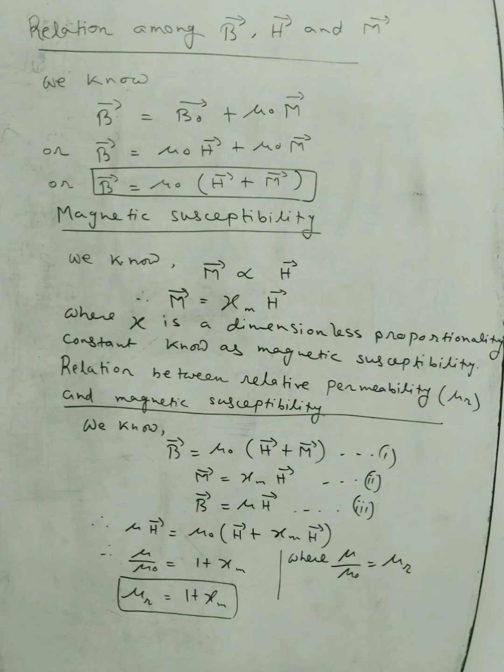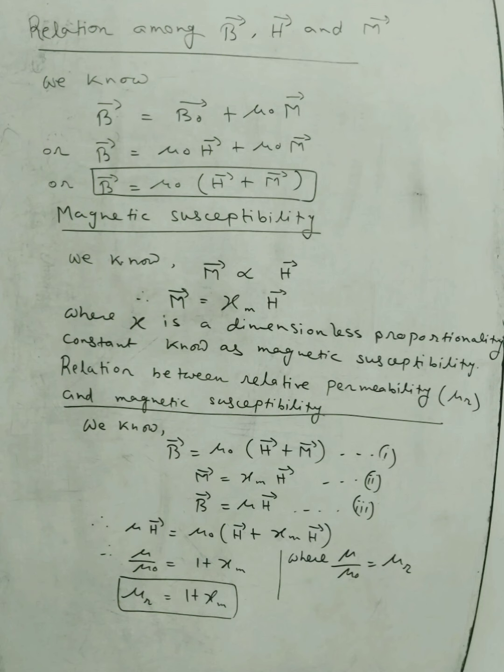Next definition is magnetic susceptibility. We know that the intensity of magnetization, that is M, is directly proportional to the applied magnetic field, that is H. That's why we can write M vector is equal to xi m into H vector, where xi is a proportionality constant and it is a dimensionless constant.